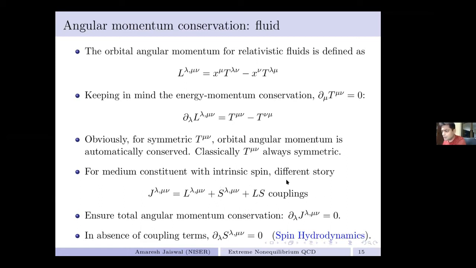We don't really know the form of the LS coupling. So for the time being, if we don't have LS coupling and the orbital part is separately conserved, then total angular momentum conservation actually implies spin conservation. L is conserved, so for J to be conserved, I just need to conserve spin in the absence of LS or any couplings. And then we work with constructing the spin tensor.